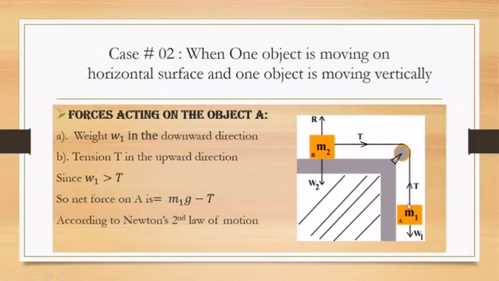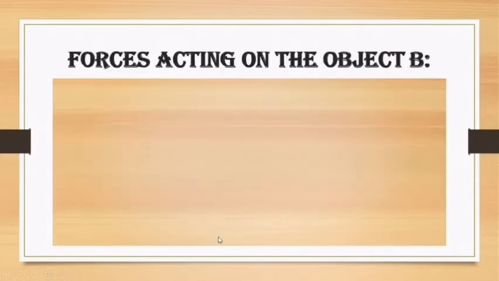Applying Newton's second law of motion, the net force F for this body A is m1a. So our equation number 1 is m1a is equal to m1g minus T.